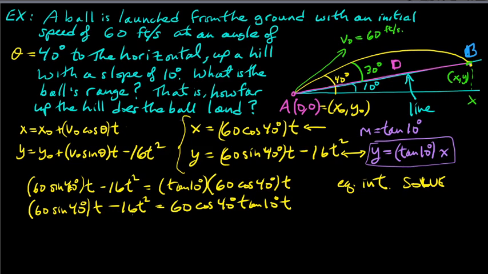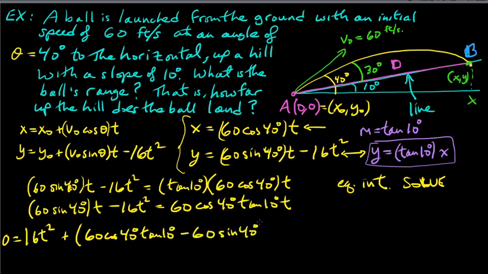And then maybe we can subtract this from both sides. Or why don't I bring everything on the left over to the right? So that'll become a positive 16t squared, and this will equal 0, of course. So 0 equals 16t squared plus 60 cosine 40 degrees tangent of 10 degrees, and then minus 60 times the sine of 40 degrees, all times t.